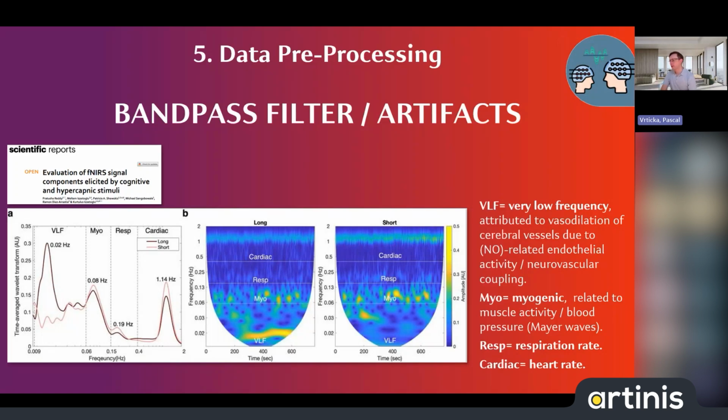What, however, is important to remember is that the short channels don't really capture very low frequency noise that is attributed, for example, to vasodilatation of cerebral vessels or neurovascular coupling. And so there, you can't really get rid of that noise by using short channels.